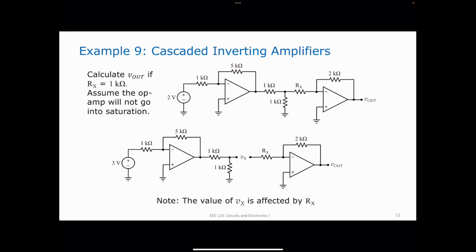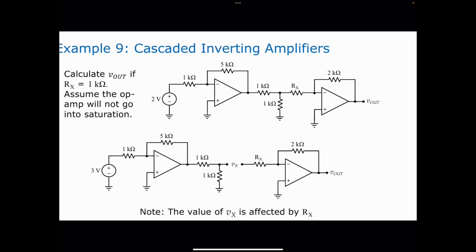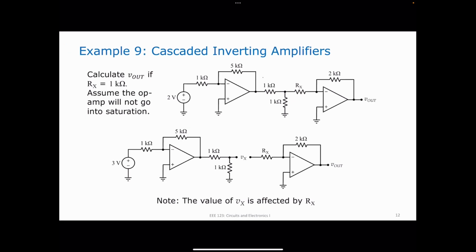Let's write that down. For this, your gain is equal to -5. What about for this? If Rx is equal to 1K, your gain is equal to -2.